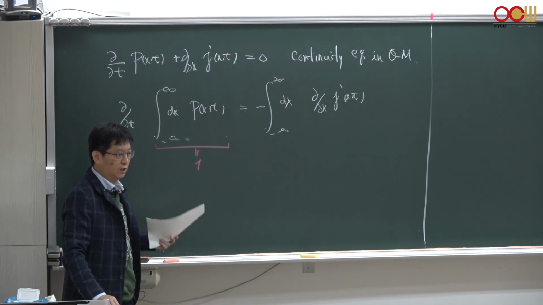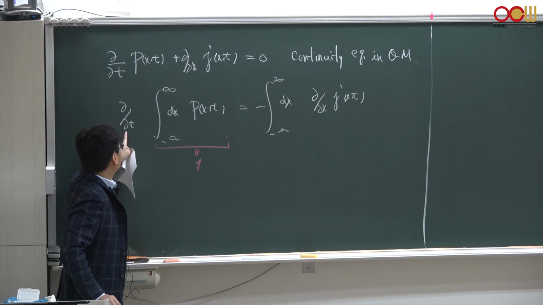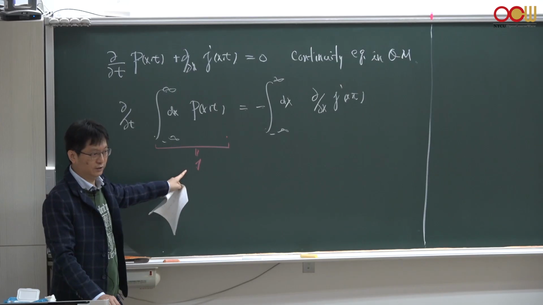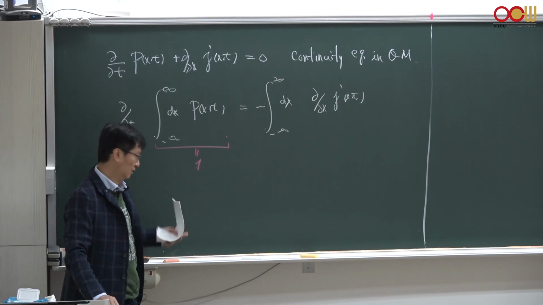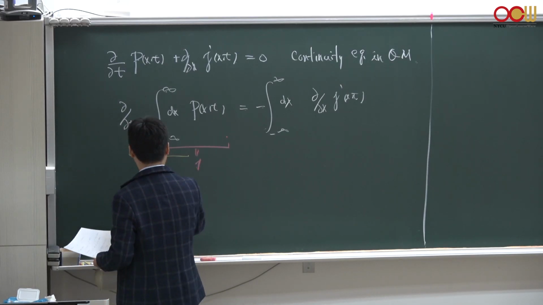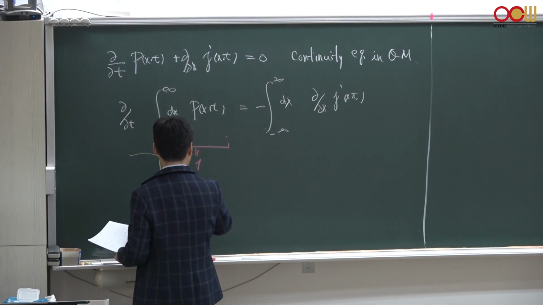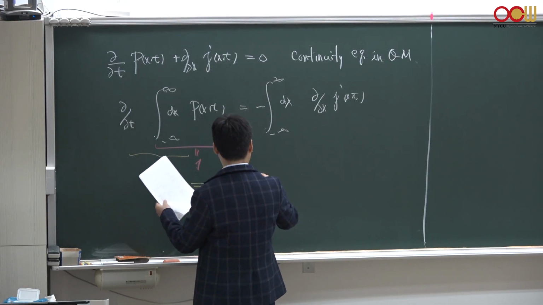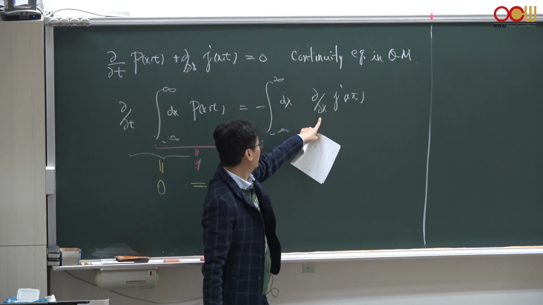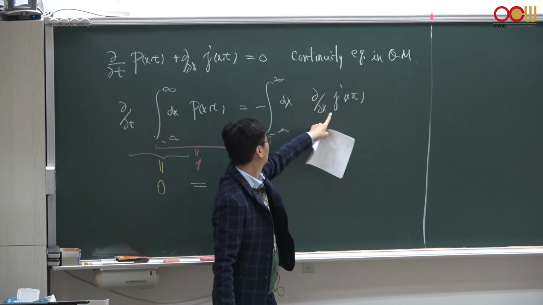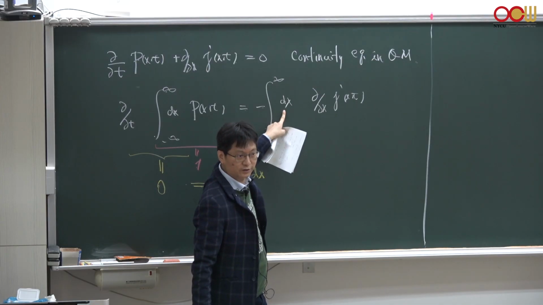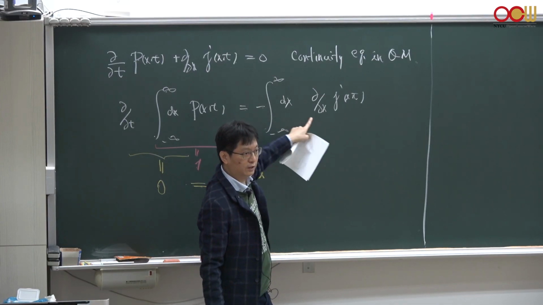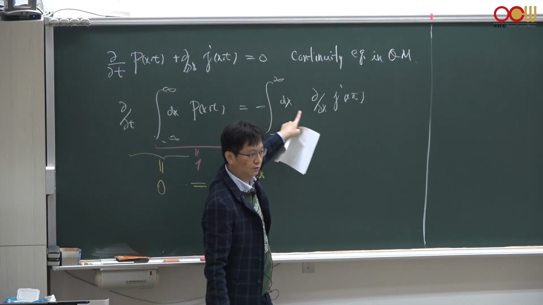And this number 1 has nothing to do with time. It's a universal constant. So as a result, if you take a time derivative of this unity, this number 1, you get 0 on the left-hand side. On the right-hand side, you get minus this. This is the differentiation of this function j, but you then integrate over x. So derivatives and integration in your calculus are cancelled, right?